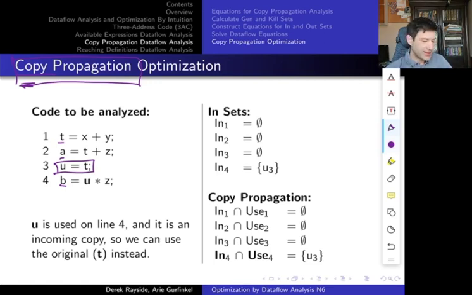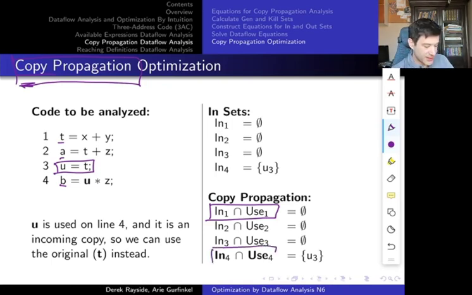Okay, so now let's apply the copy propagation optimization. So the idea here, again, we have all of these results that we computed, and we're looking whether there's anything that is redundant. For copy propagation, we look at an intersection of what's available and what is used by a statement, which is the intersection of in of a statement with the use of a statement.